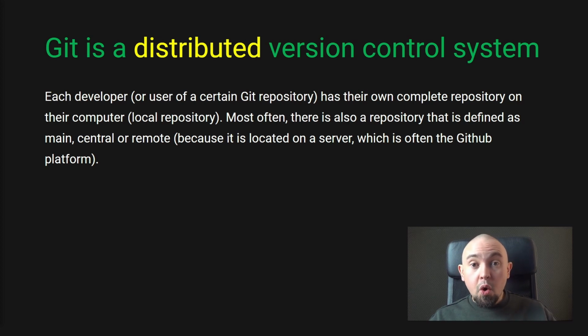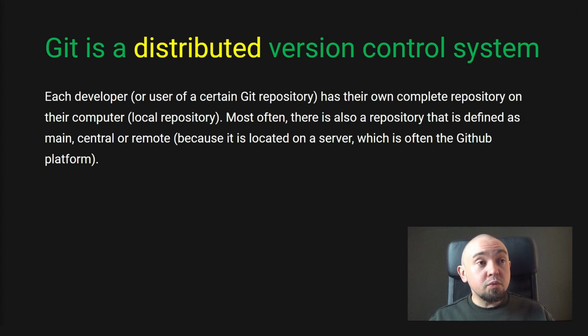I would like to explain what the distributed version control system means. Each developer or user of a certain repository has their own complete repository on their computer, local repository. Most often there's also a repository that is defined as main, central, or remote, because it is located on a server, which is often the GitHub platform. Each developer works on his own local repository on his computer and synchronizes it with the remote repository on the server.